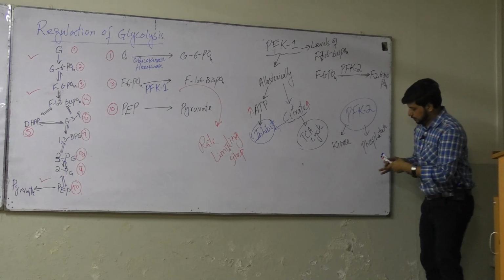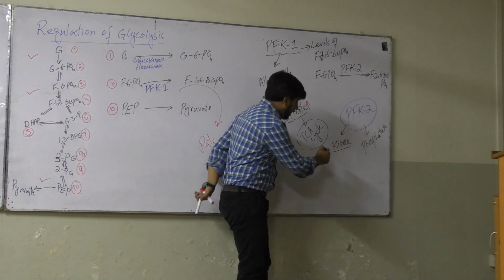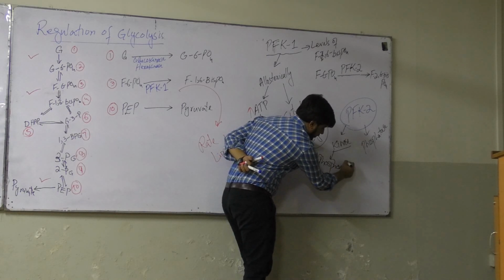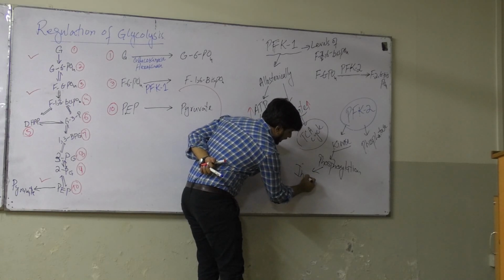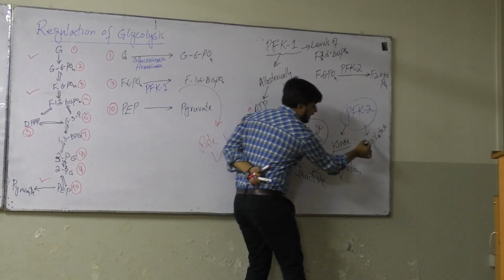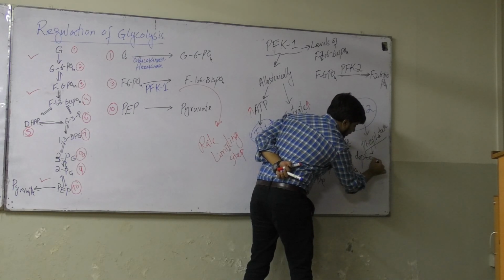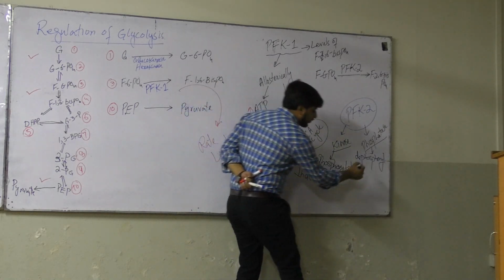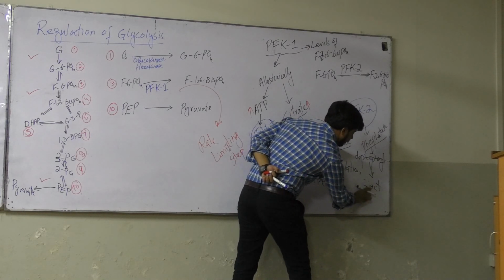The kinase domain is used for phosphorylation, and whenever there is phosphorylation, this enzyme will become inactive. The phosphatase domain means dephosphorylation, and whenever there is dephosphorylation, it will become active.